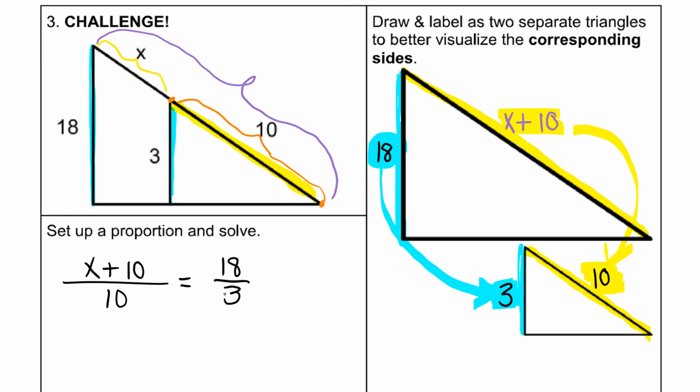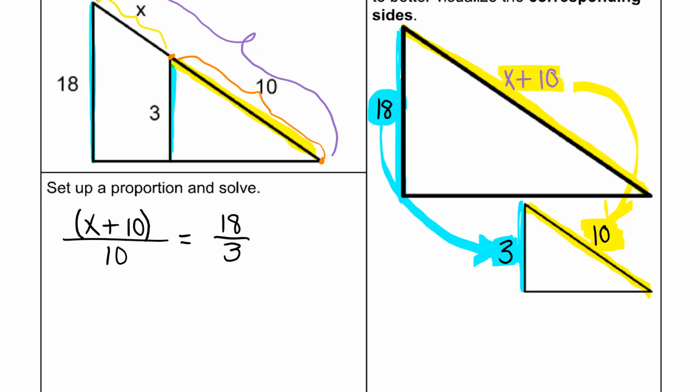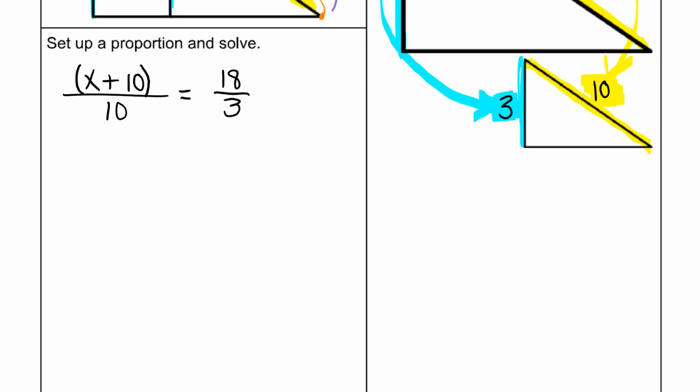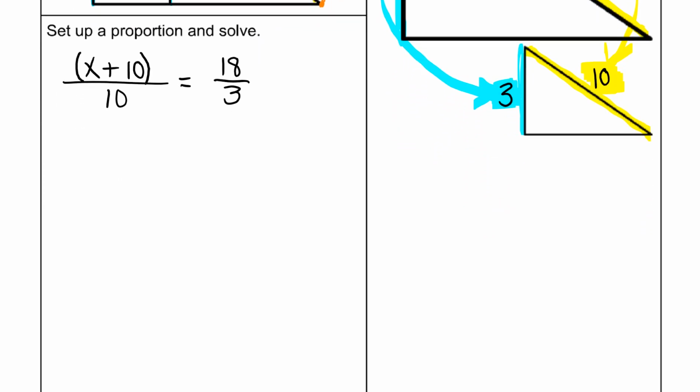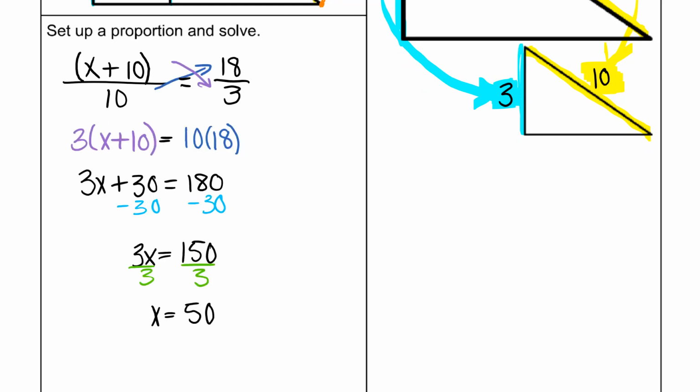Now before I cross multiply, I see a group, so I need to put parentheses. All right, now it's time to cross multiply and solve for x. When you're done, click Continue to check your answer. And our final answer is x equals 50.